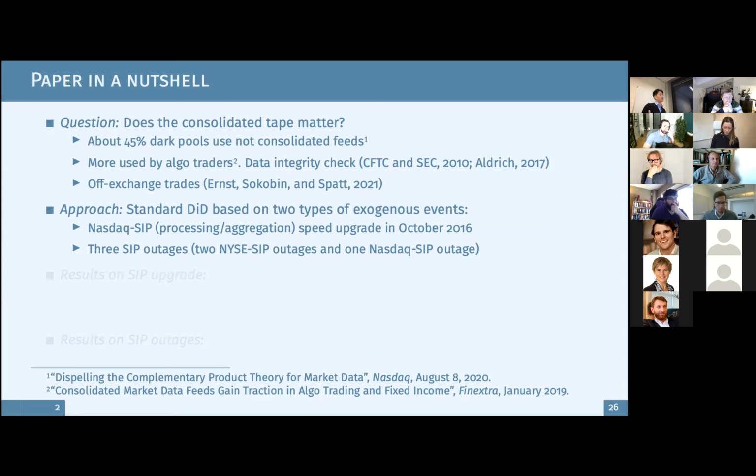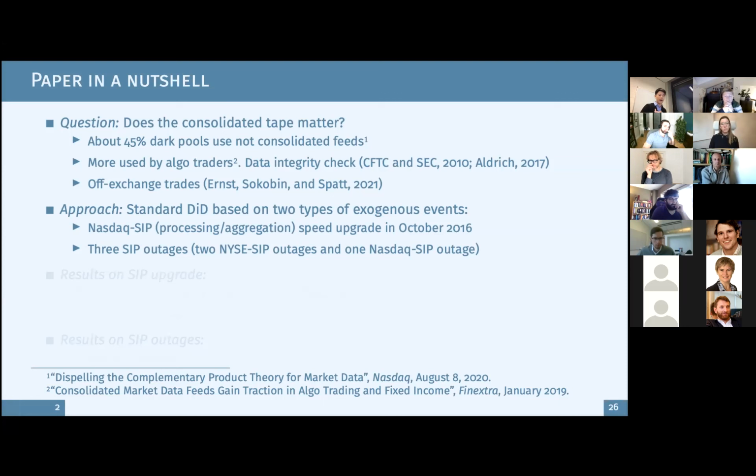The other type of event I look at is SIP outages. So the first is about the SIP getting faster, and the second type of event is when the SIP is out, so there's no SIP at all in the market. As you can see from those events, whether the speed upgrade or the outages, only one SIP is affected.